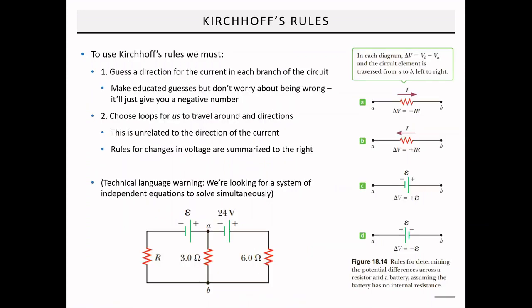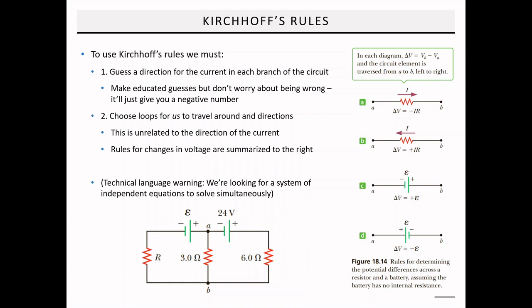And then the last thing I'm going to go over in this video are the rules for using Kirchhoff's rules. The very first thing you have to do is guess a direction for the current in each branch of the circuit. You should make guesses that make sense, but you don't have to worry about whether your guesses are right or wrong, because at the end, if you guessed wrong, you'll just get a negative number for the current.